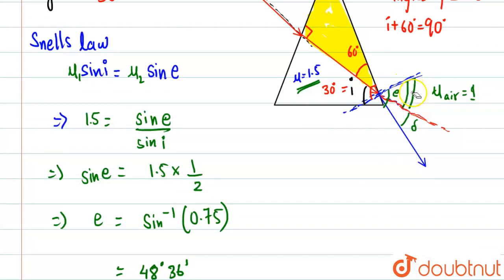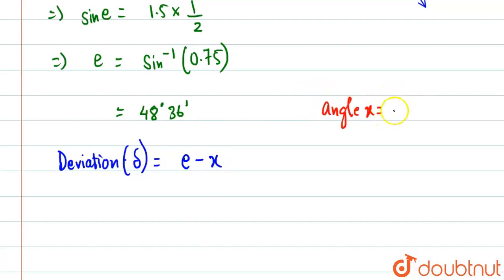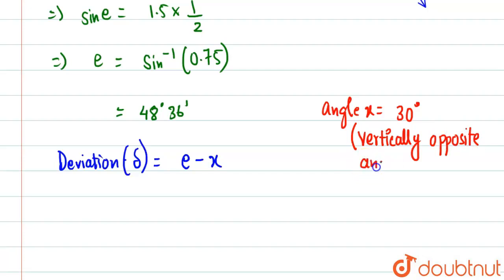Let's suppose this angle is X. The deviation, delta, will be equal to the emergent angle minus angle X. Angle X will be equal to 30 degrees, because it is the vertically opposite angle of I. So we will have 48 degrees 36 minutes minus 30 degrees.